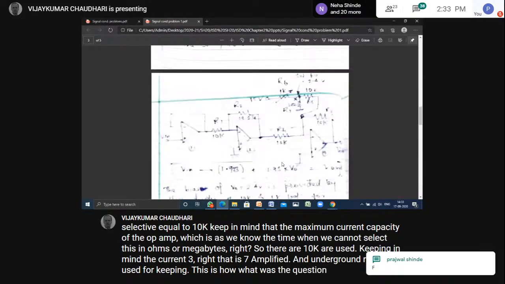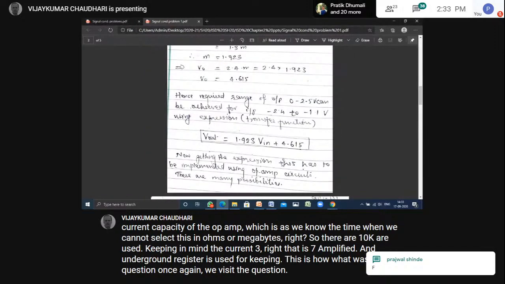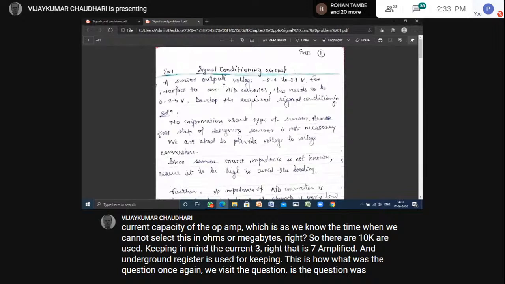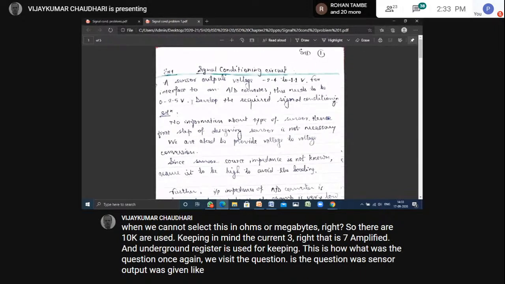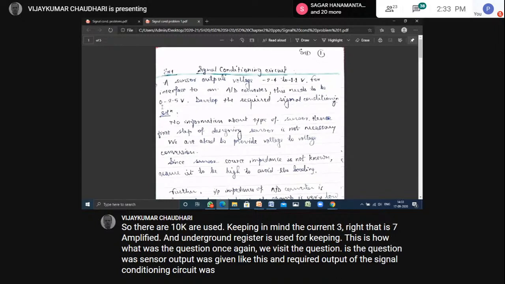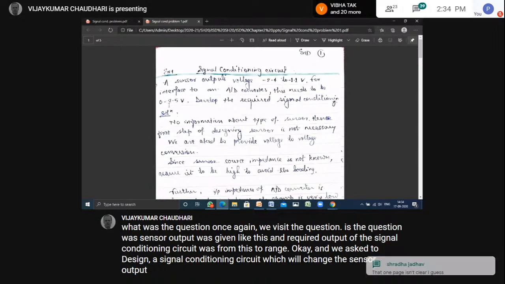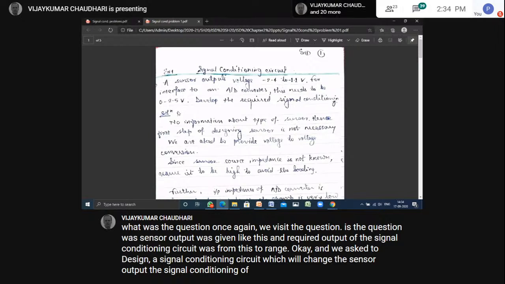Once again, we revisit the question. The question was, the sensor output was given like this, and the required output of the signal conditioning circuit was in this range. We were asked to design a signal conditioning circuit which will change the sensor output to the signal conditioning circuit output like this. So that is the range.